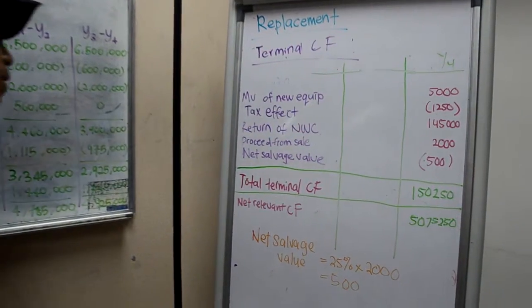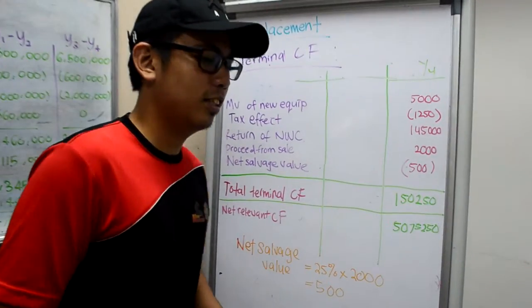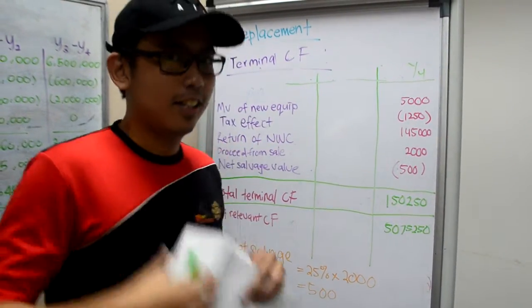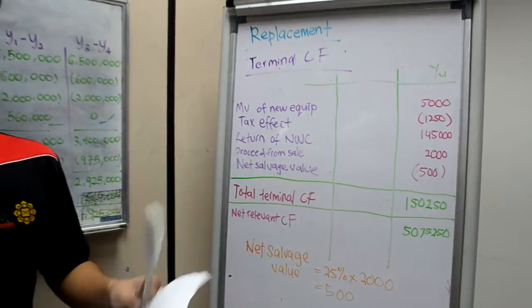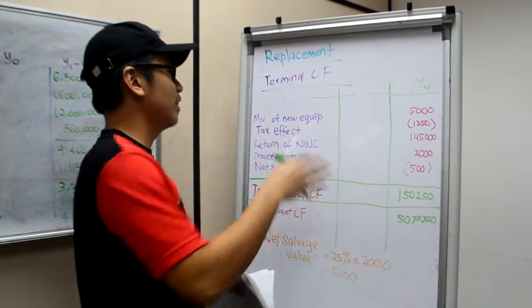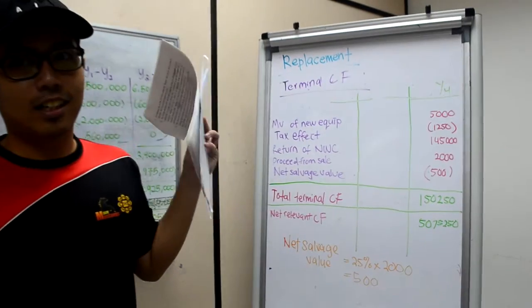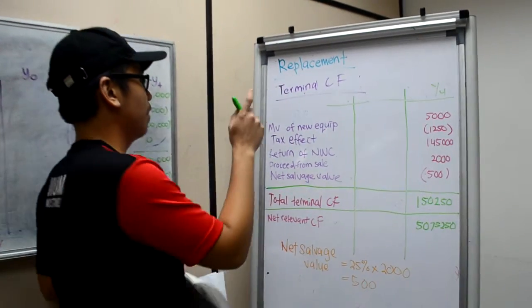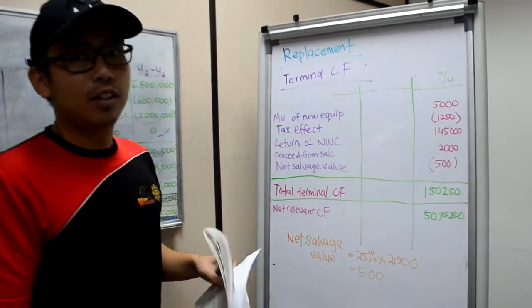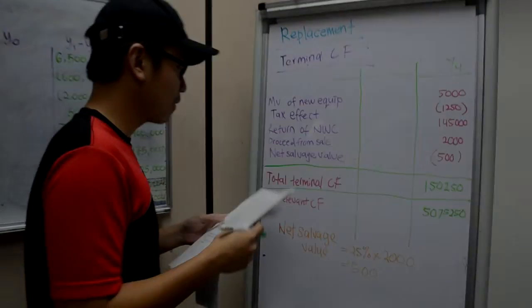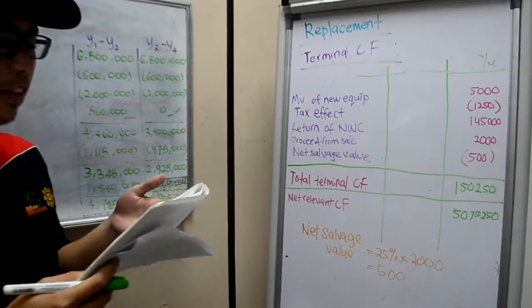Now I will explain the terminal cash flow, which is the cash flow at the end of the period of the investment. So the components in this terminal are the market value of new equipment, which is 5,000, which you can extract from the question.